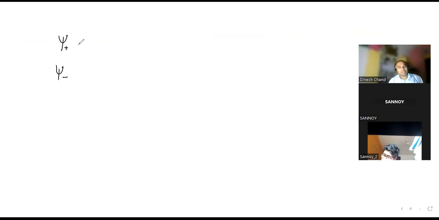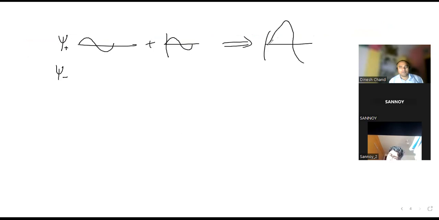Psi plus means all are the same, and here also. So if you add them, it gives a bigger lobe like this. But for psi minus, the destructive case, one is the same, and if you join the second one, what will it be?